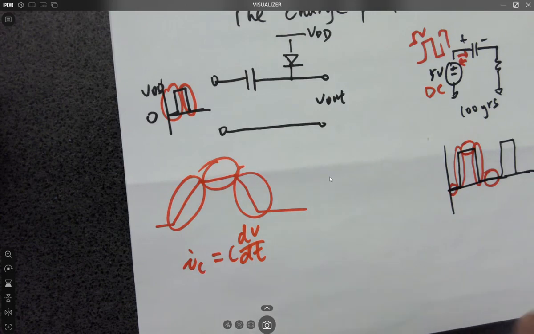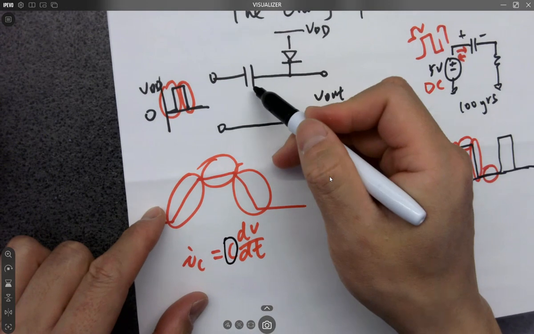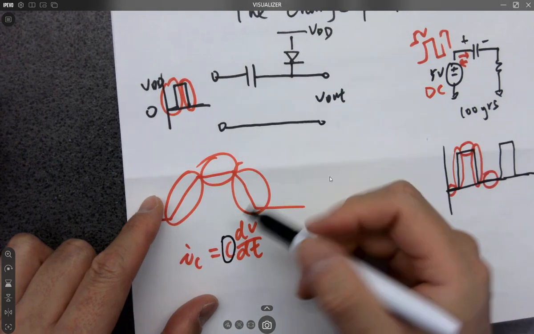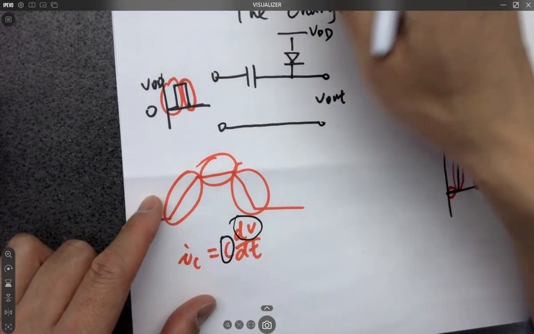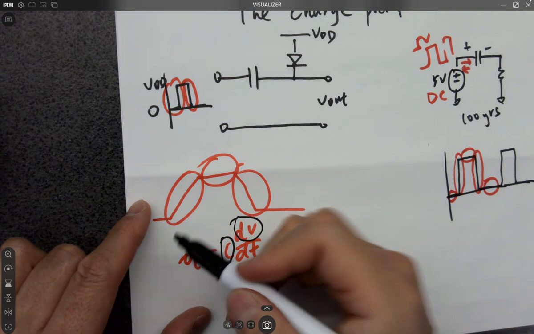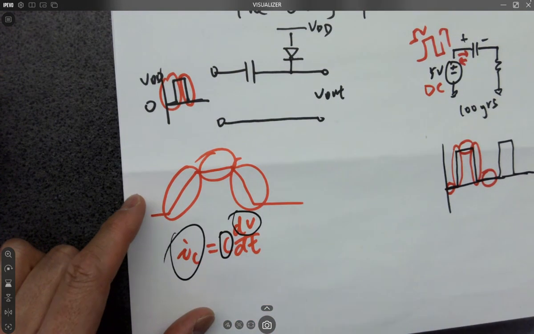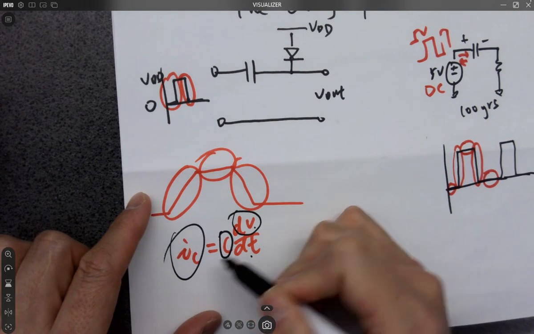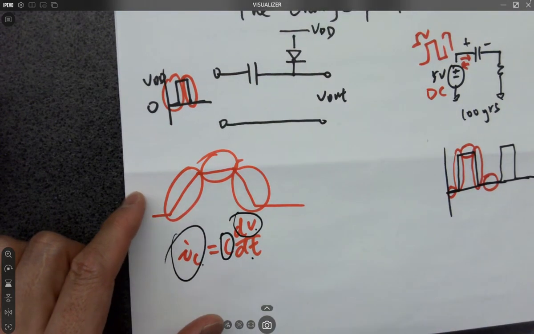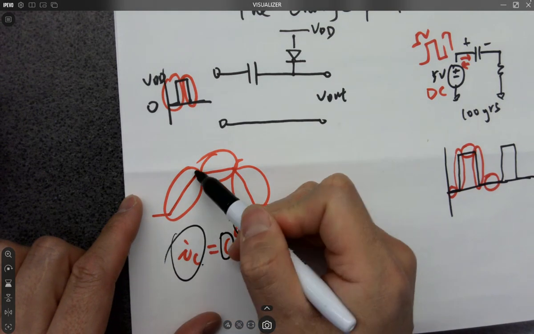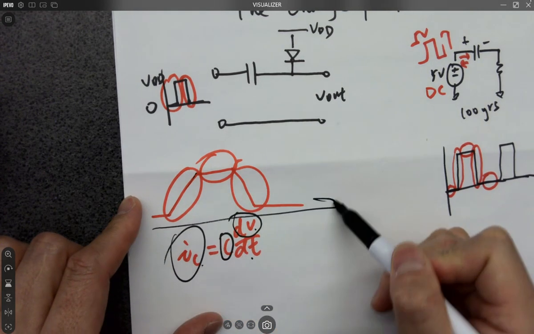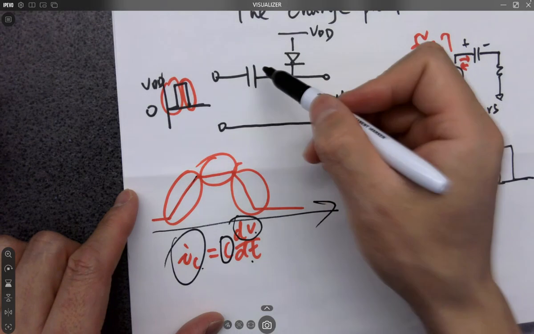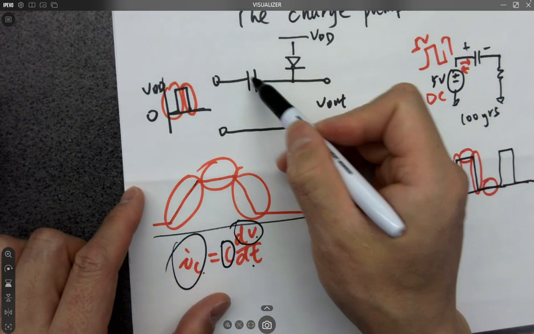Okay, as long as there's a capacitance, yes, definitely there's a capacitance, and as long as there's a delta V, if V is changing, there will be a current. If V is changing over time, there will be a current. Keep in mind. Are these voltages changing over time? Yes, it's a ramp. This is time domain. Okay, so there will be a current. So it's going to be charging and discharging the cap.